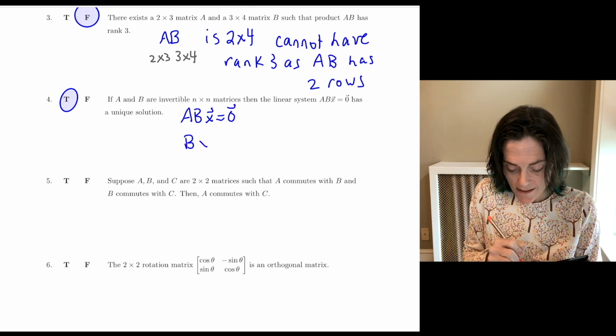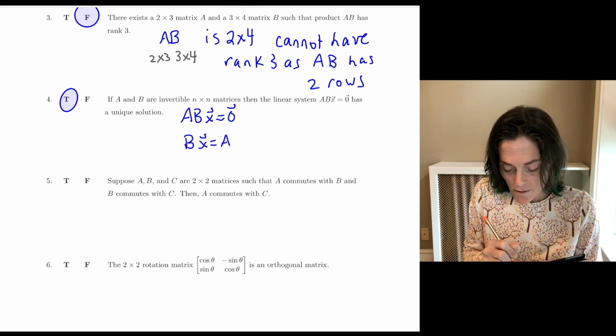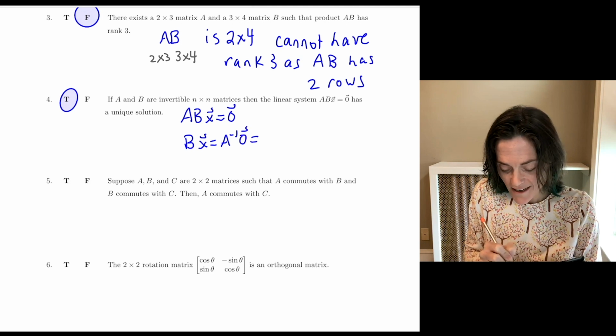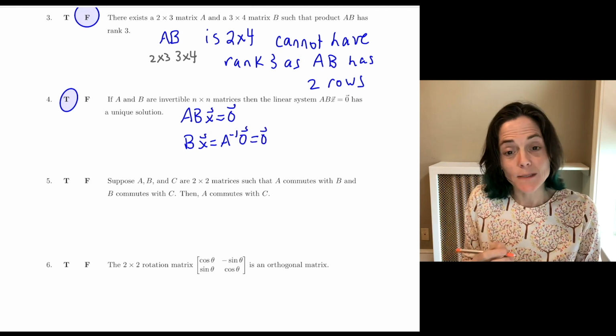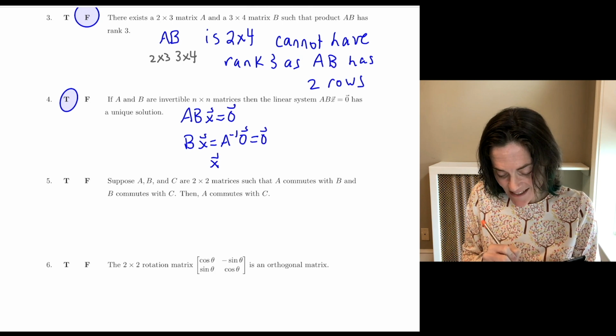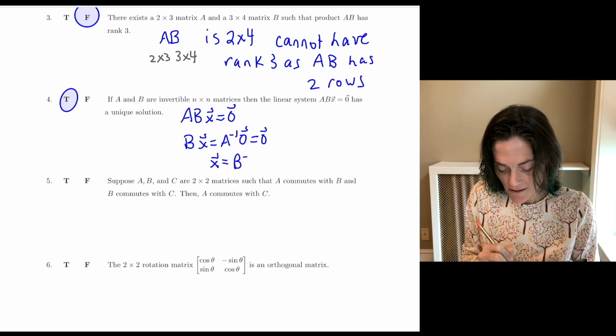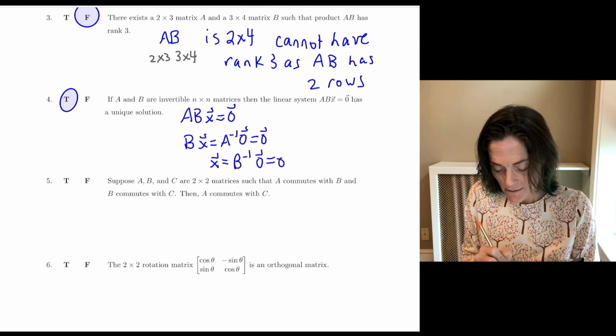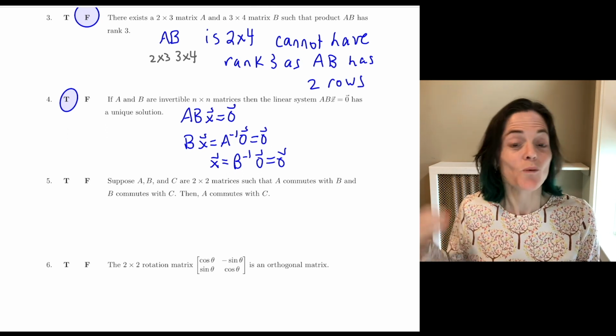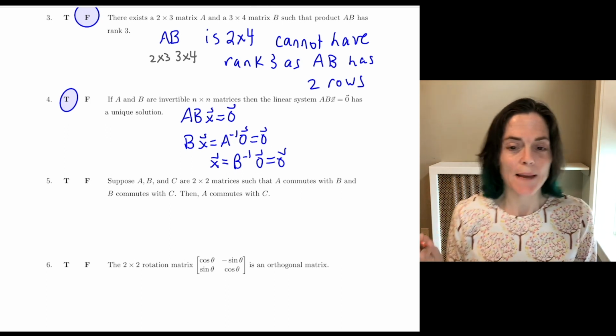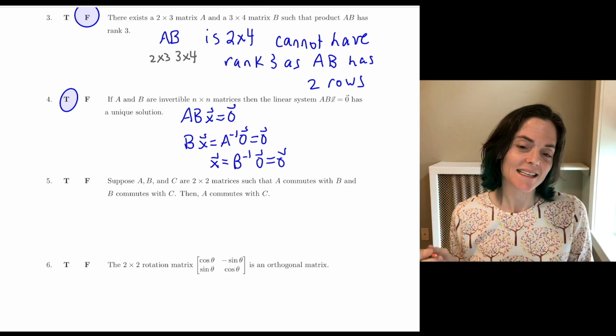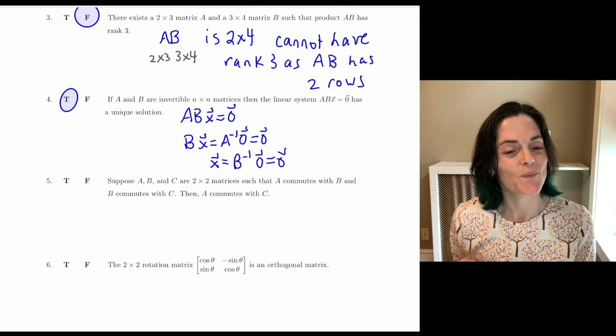We would have BX is A inverse of 0, which is 0. And now multiply both sides by B inverse. So you would have X is B inverse times 0, which is 0. Here's our unique solution. So that's one way to think about it. Also, as I mentioned, the product of invertible matrices is invertible, but this is true.